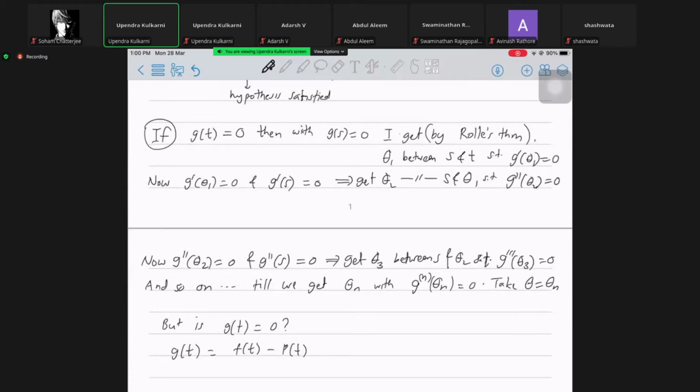What can I do? Is there any way in which I can add something to a function without changing its derivative, without changing, let's say, its double derivative at 0? Is there anything that I can add to a function without changing its double derivative at 0?